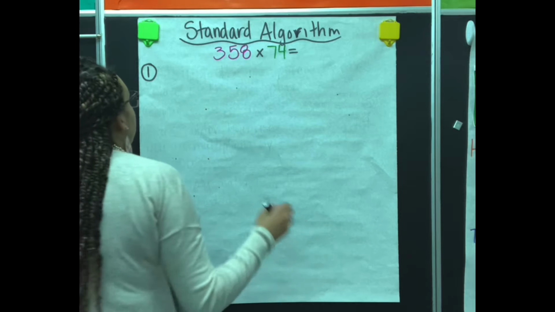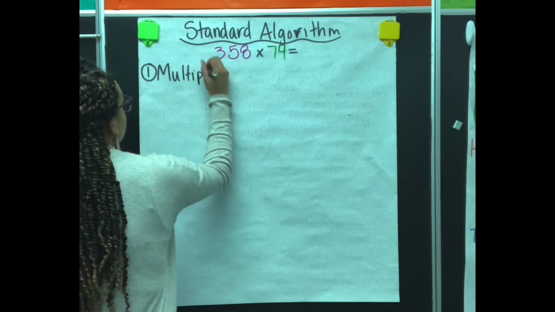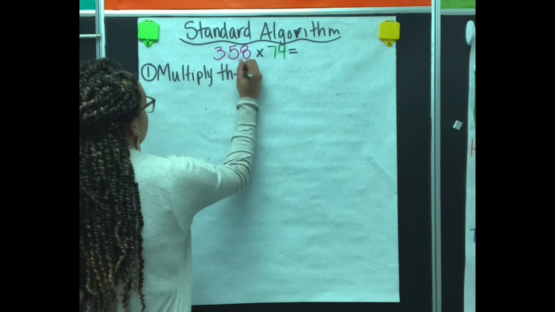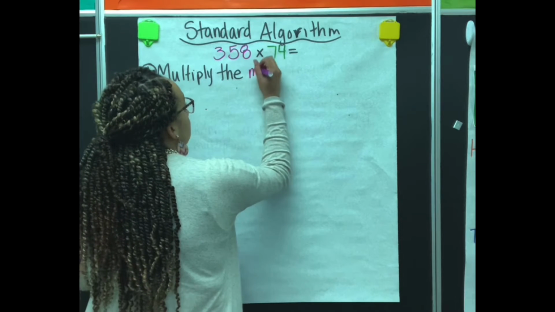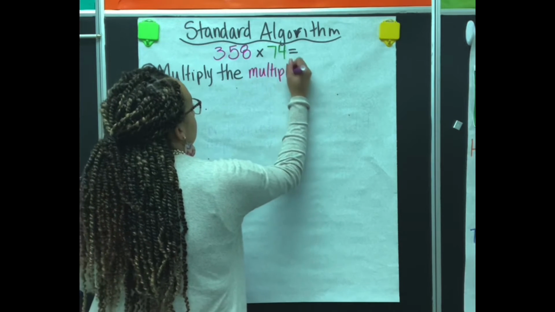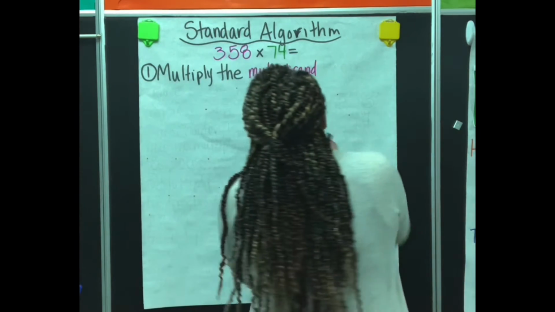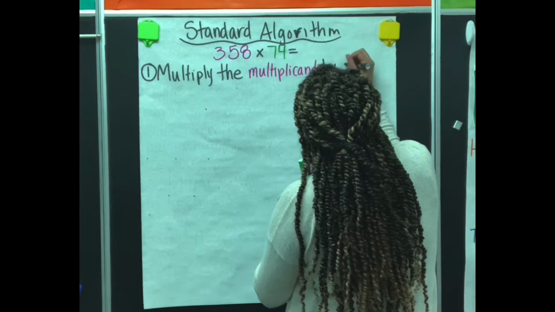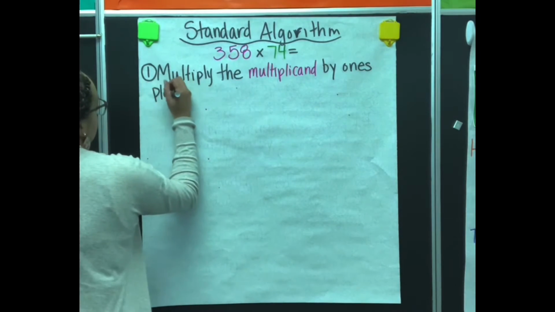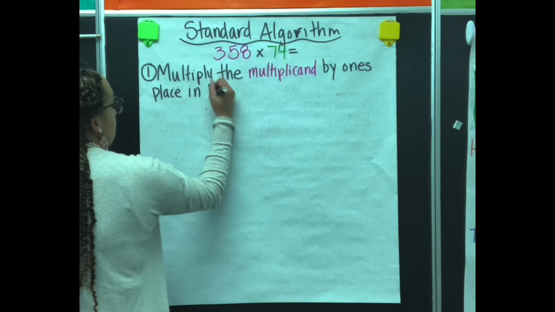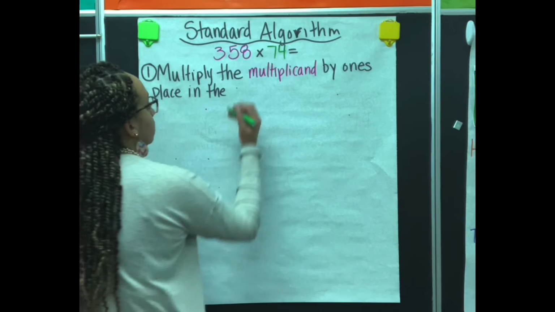So we have our first step, which is we multiply the multiplicand by the ones place in the multiplier.